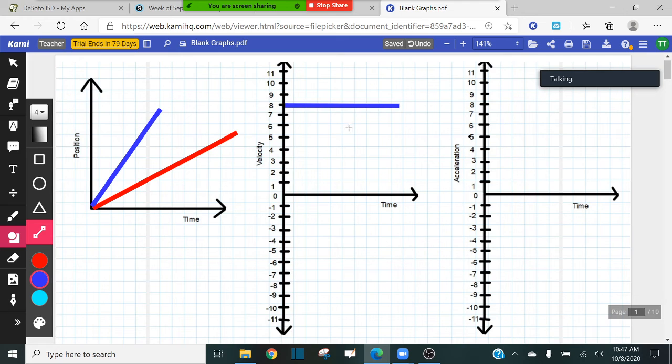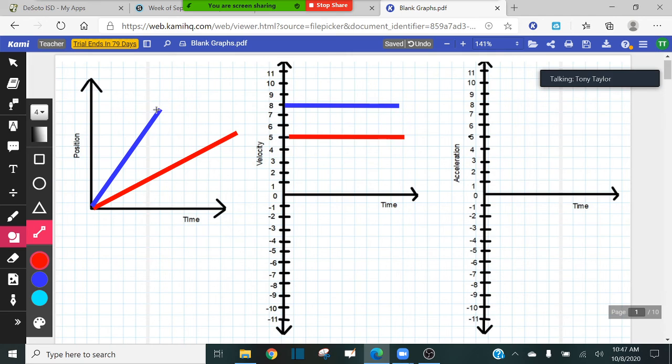And of course, the red line will have to have a smaller value for its velocity because the slope is not as steep. So let's say this slope here would be, just throwing out a hypothetical number, 5 meters per second. And again, the straight horizontal line indicates a constant velocity. So in this case, this constant velocity for the blue line is 8 meters per second. For the red line, it's 5 meters per second.